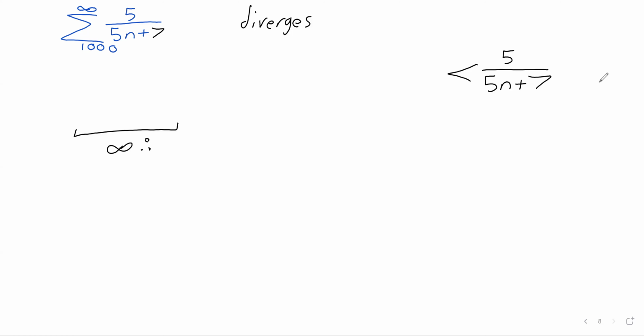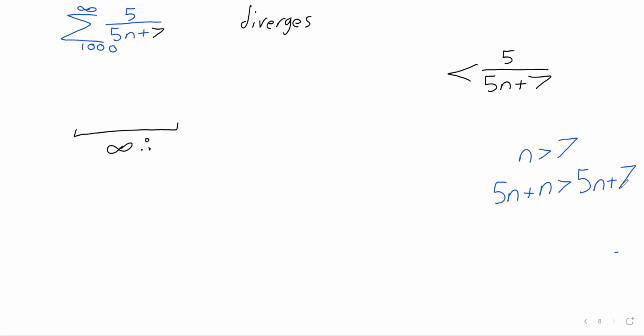So if we assume that we're starting at 1,000, say, we can assume that n is bigger than 7. And if n is bigger than 7, then 5n plus n is bigger than 5n plus 7.